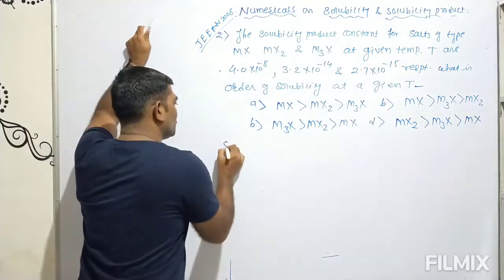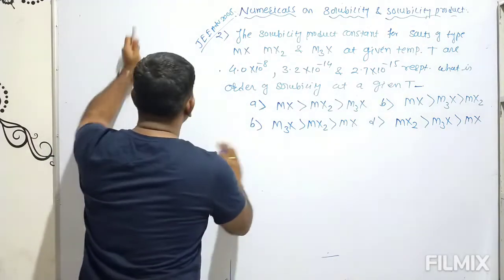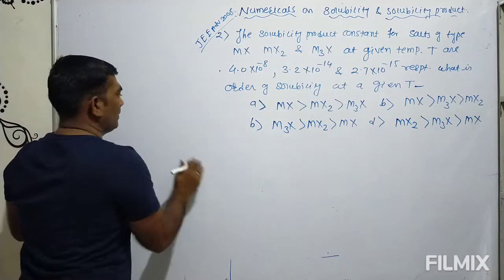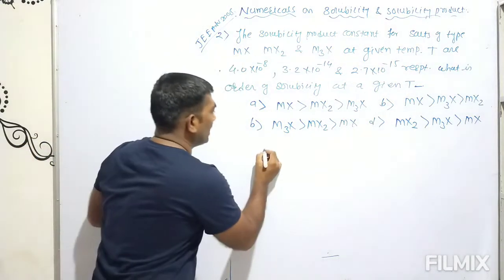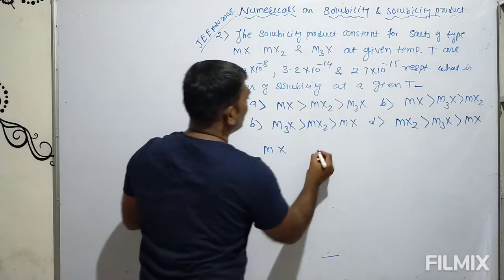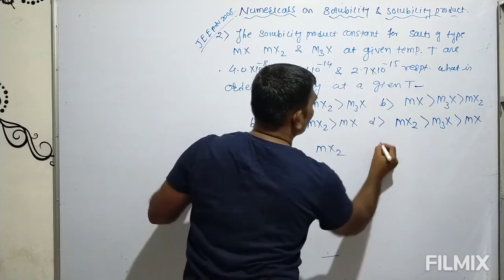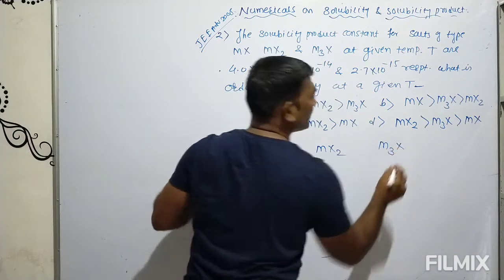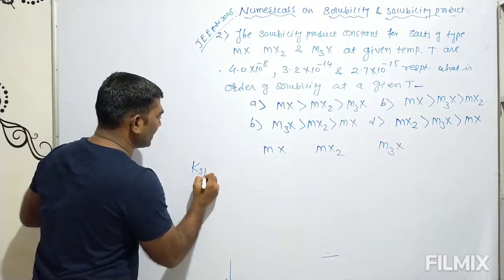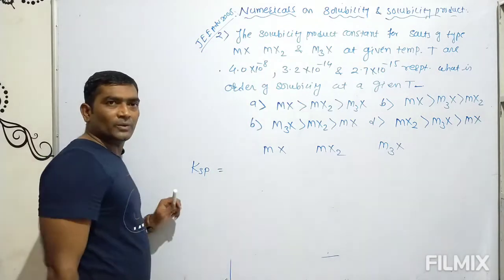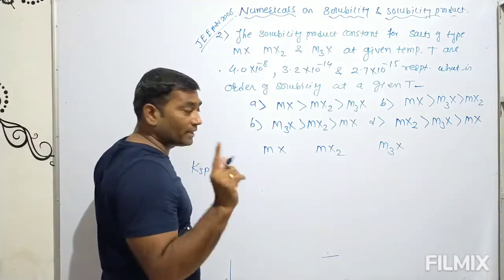Now the solution. We will solve it very quickly. The salts are MX, MX2 and M3X. How can you calculate the KSP value? I have already told you.